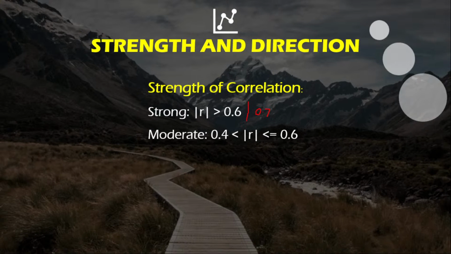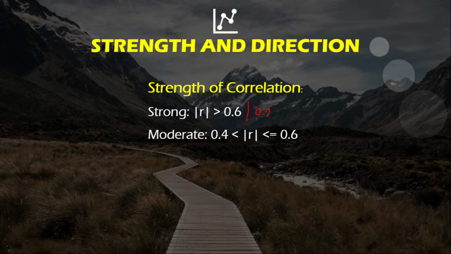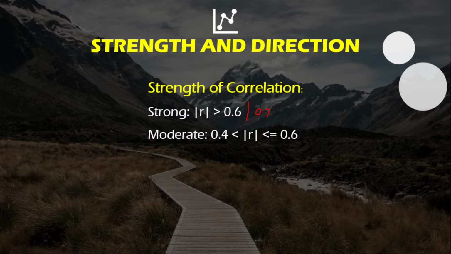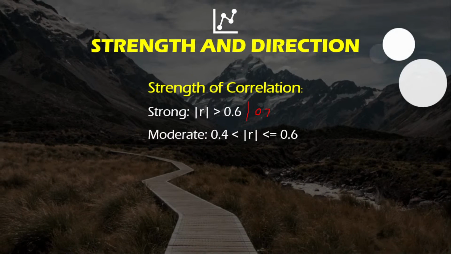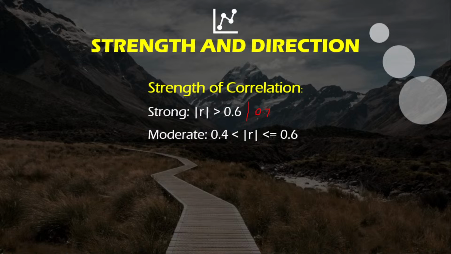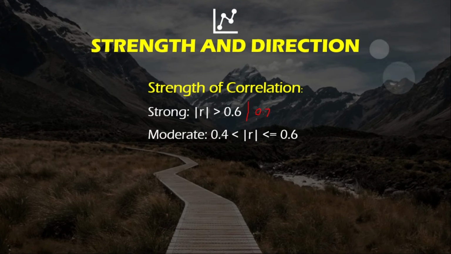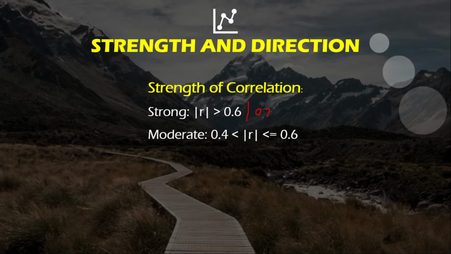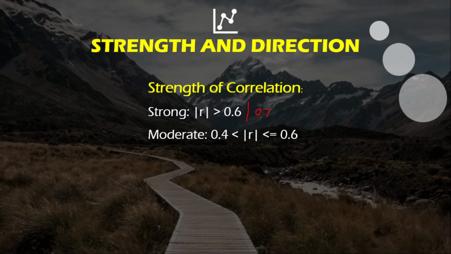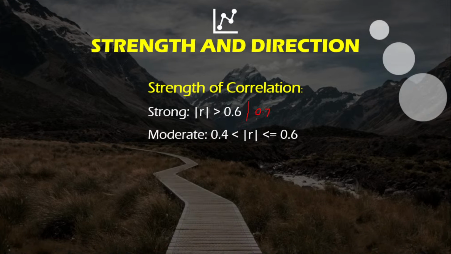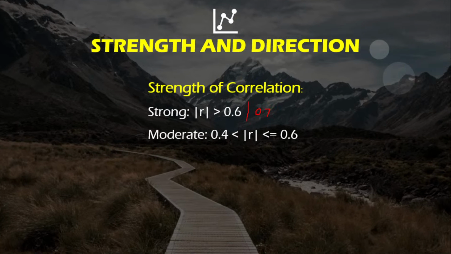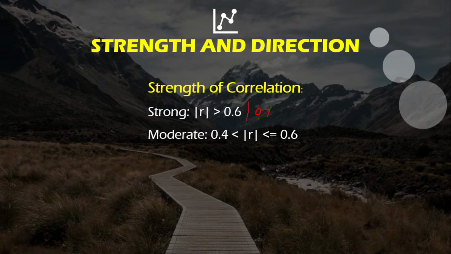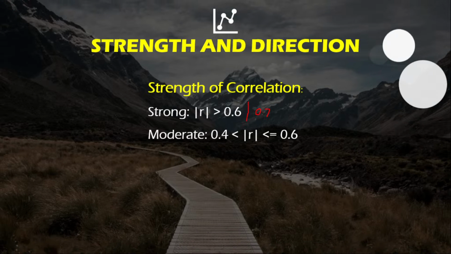I repeat, we consider the strength of a relationship to be moderate if the absolute value of the correlation coefficient, remember we mostly make use of Pearson correlation if the analysis is a linear analysis and is normally distributed, is greater than 0.4 but less than or equal to 0.6.